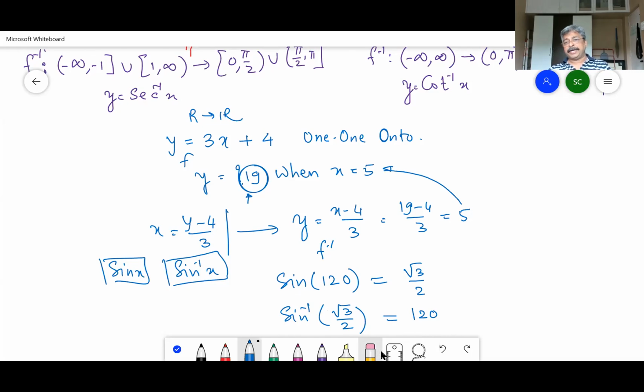Will I get 120 back? So what I am trying to do is sine inverse of sine 120.